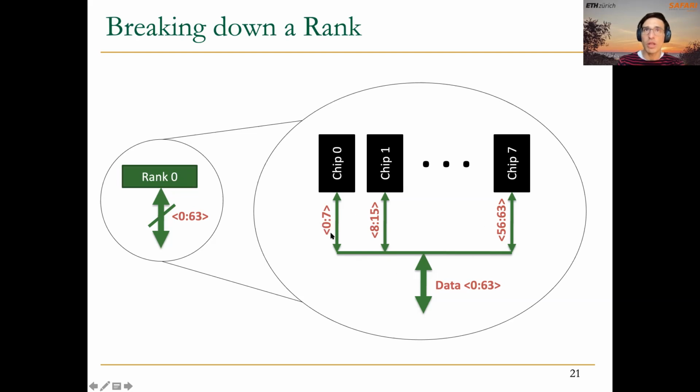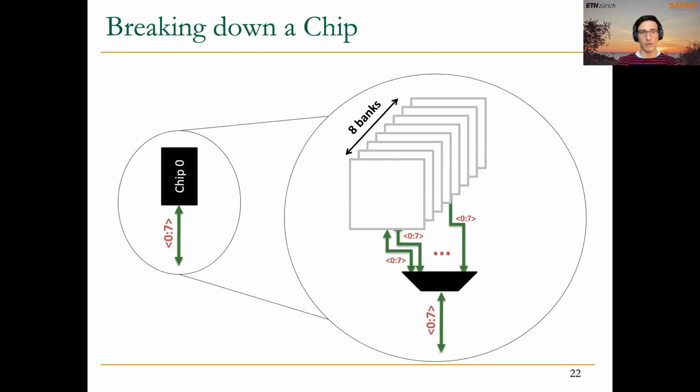In this particular example, bits 0 to 7 are accessed in chip 0, bits 8 to 15 are accessed in chip 1, and so on. If we go closer and look at the internals of one chip, we'll see that there are different banks. These banks can be addressed by using certain bits of the memory address, so depending on these bits, we would be accessing a different bank.